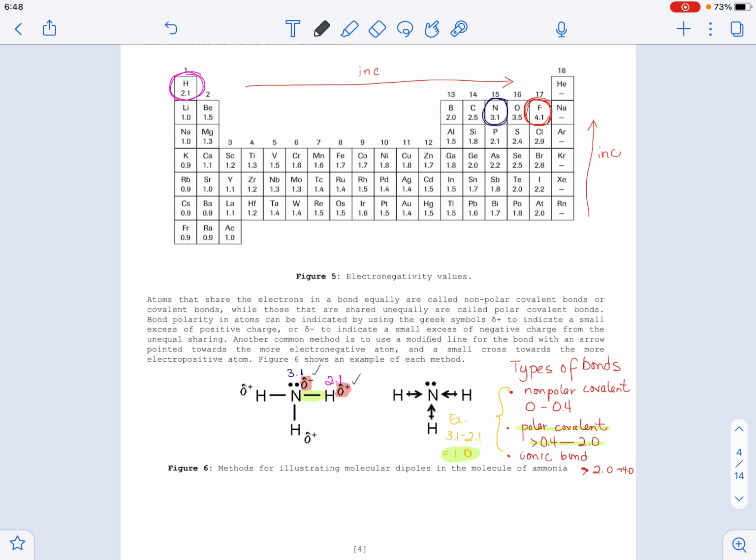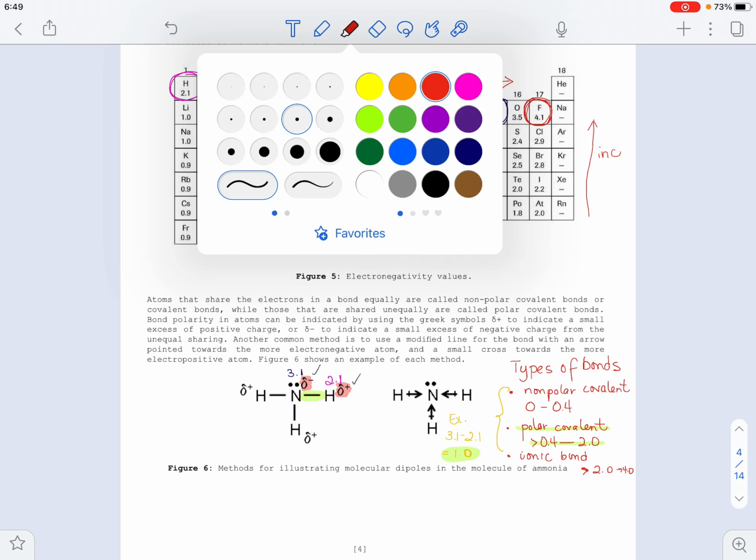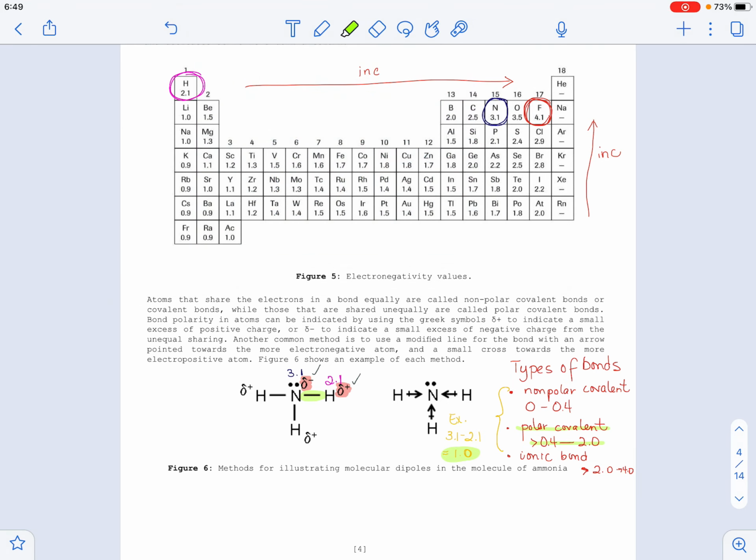In addition to that, the other way that you can illustrate a polar covalent bond is by utilizing a vector arrow, and the end of that arrow is going to be at the least electronegative atom and it is going to point towards the most electronegative atom. So that's why you see that the flat end is on the hydrogen and the pointy end is towards the nitrogen.